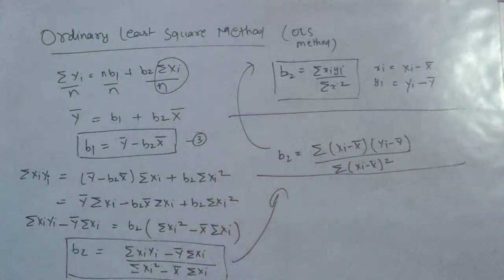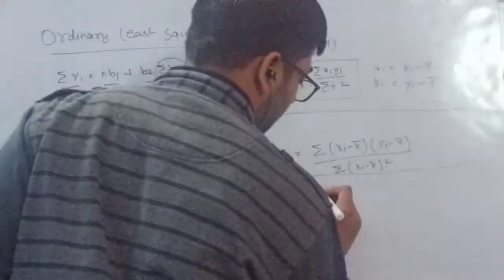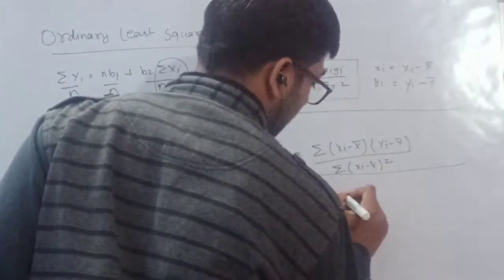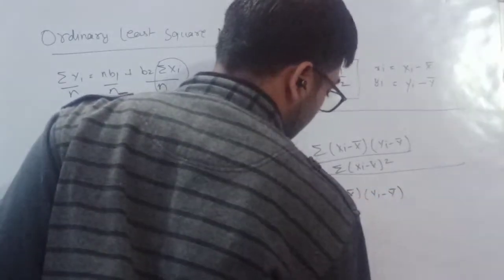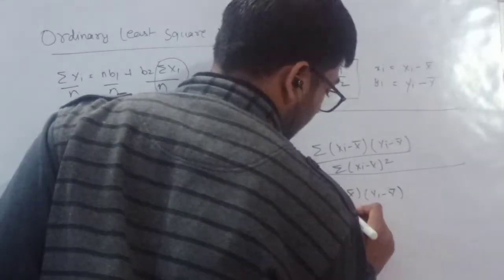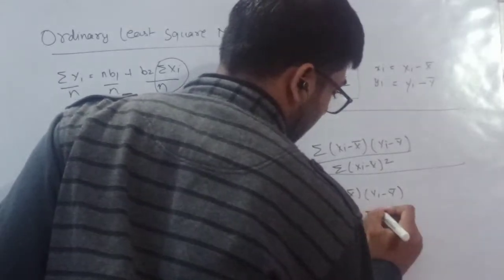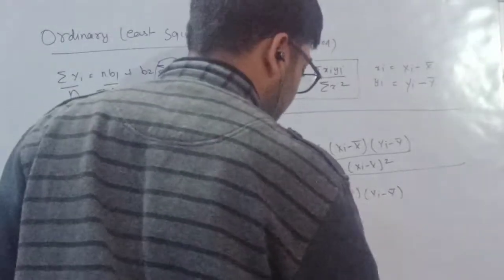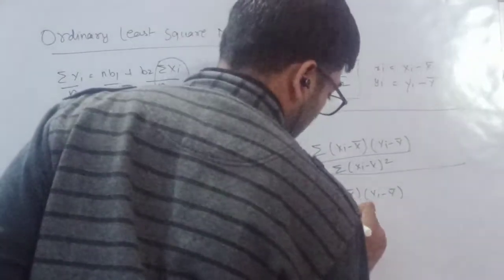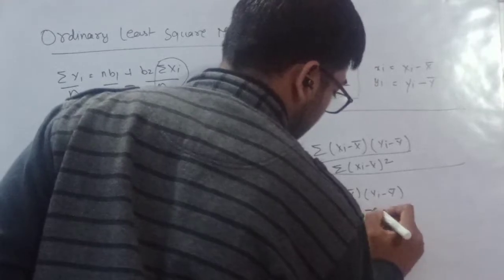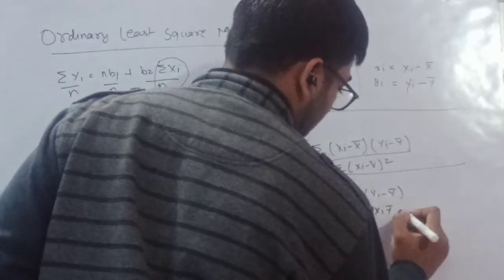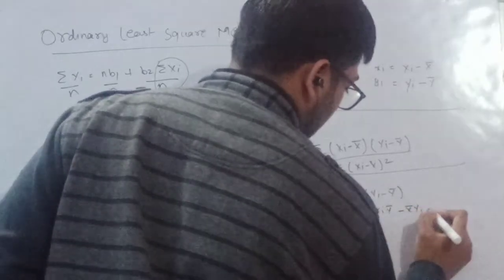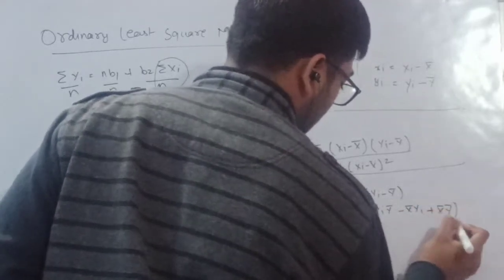Now, summation xi minus x bar and yi minus y bar, what is it? Open it: summation xi yi minus xi y bar minus x bar yi plus x bar y bar.